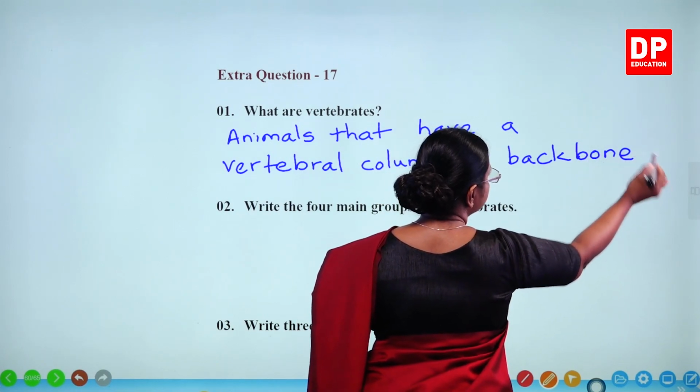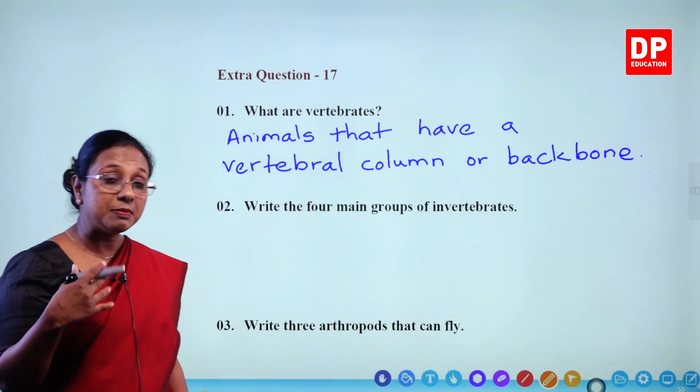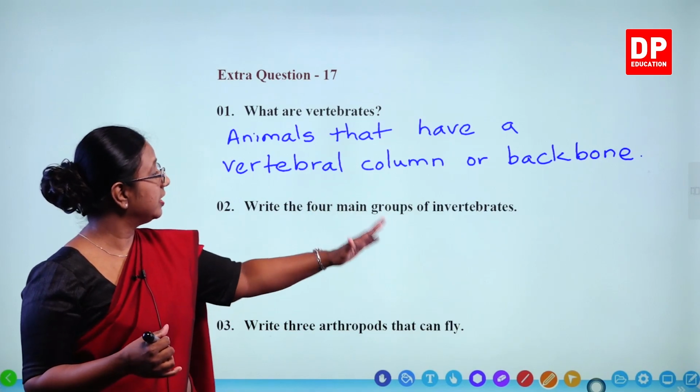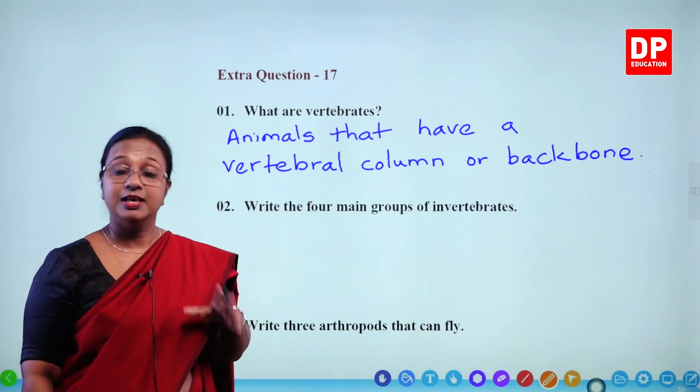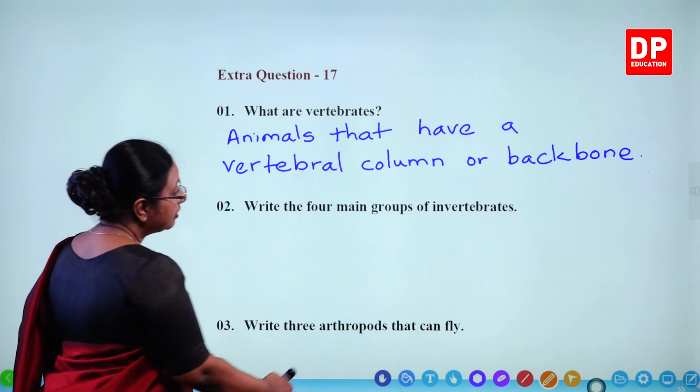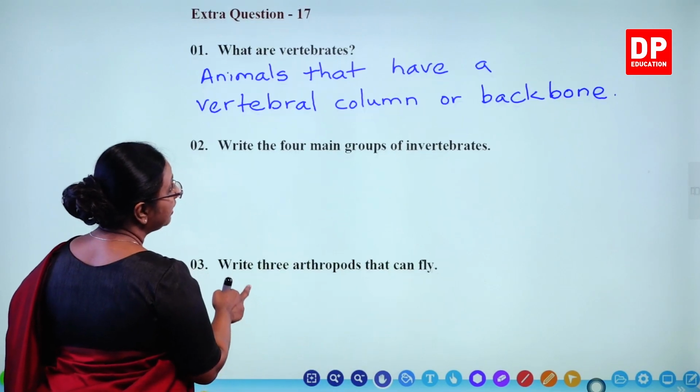Now here students, for you all to practice and remember it, I am writing both the terms. You can just write either vertebral column or the backbone only. That is fine.